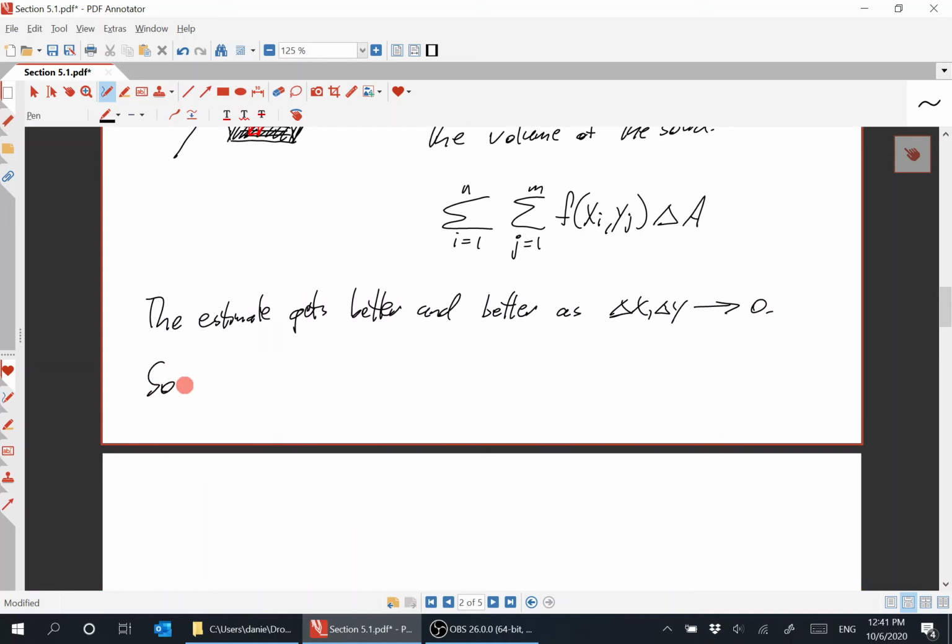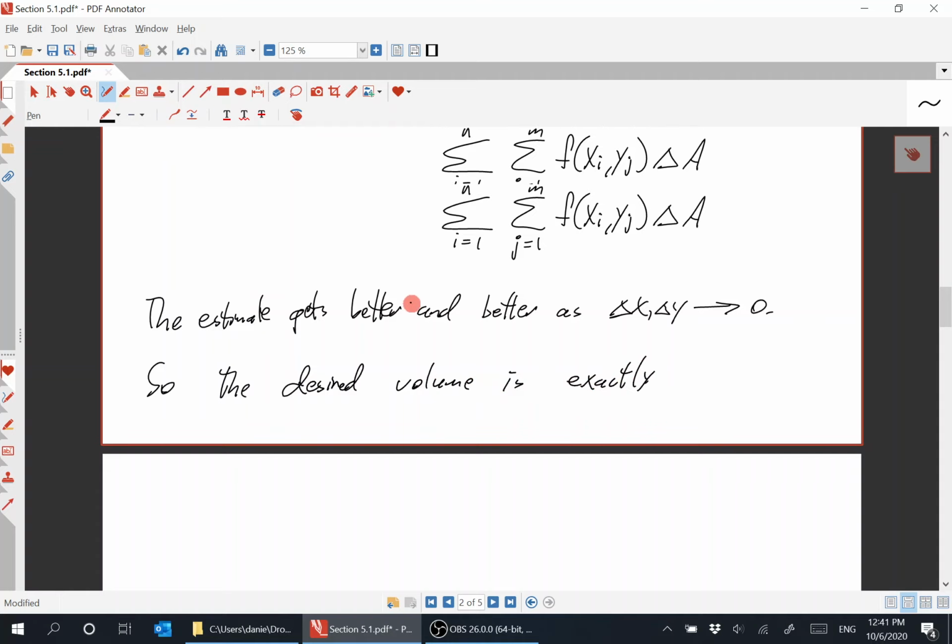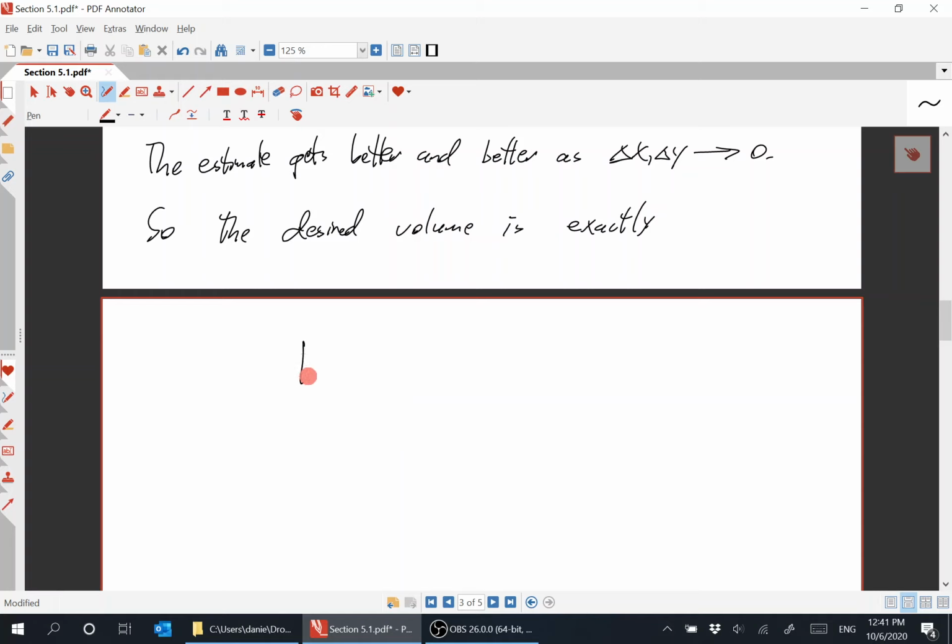Okay, so the desired volume is exactly the limit, as delta y and delta x go to 0.